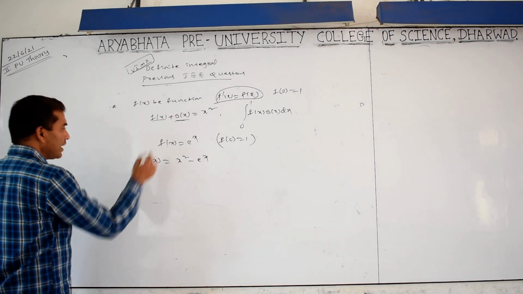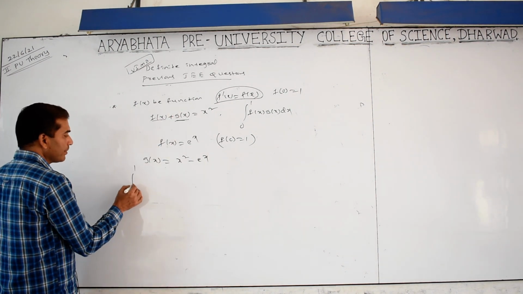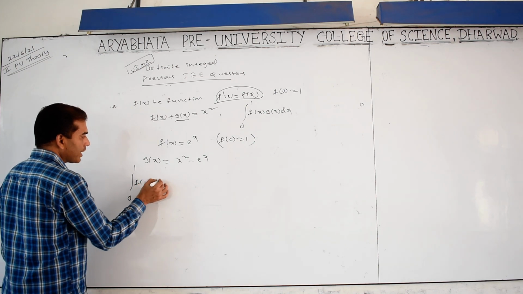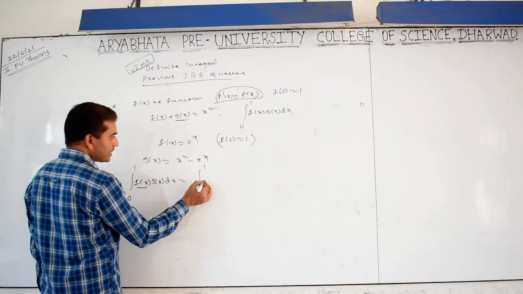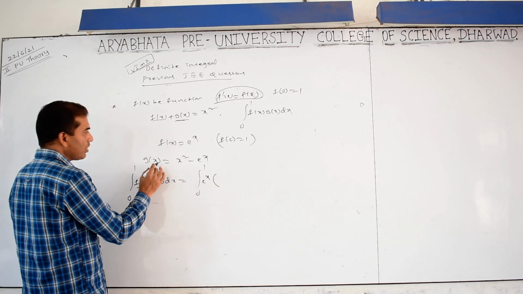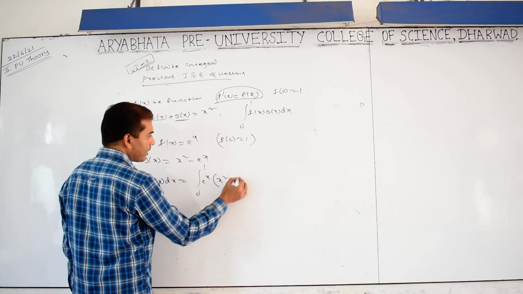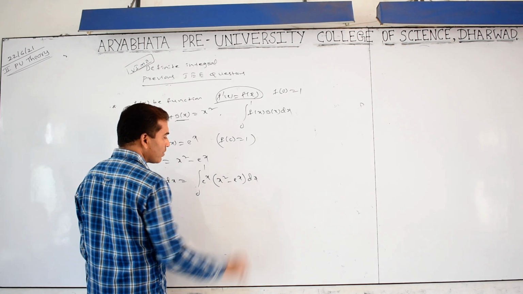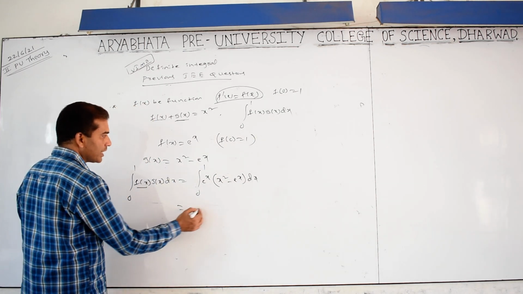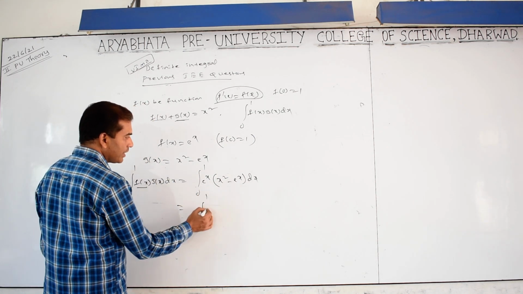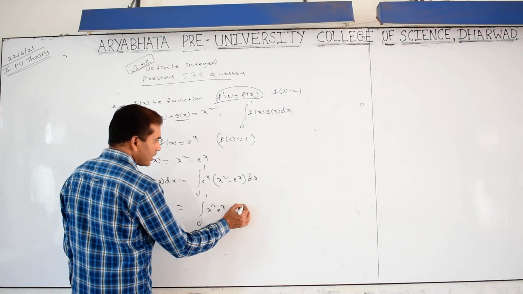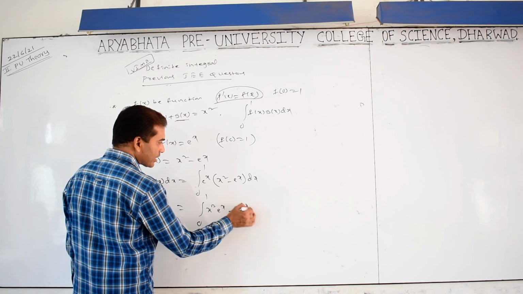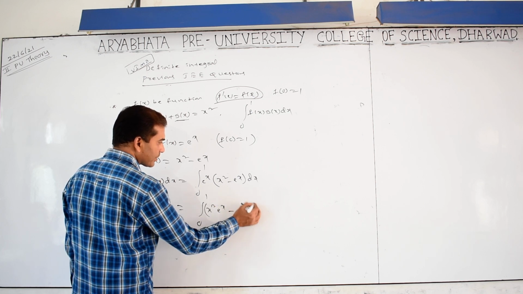Now we should find the integration of 0 to 1 f of x into g of x dx. F of x is e power x, g of x is x square minus e power x. This is integration of 0 to 1 x square e power x minus e power x into e power x, that is e power 2x.